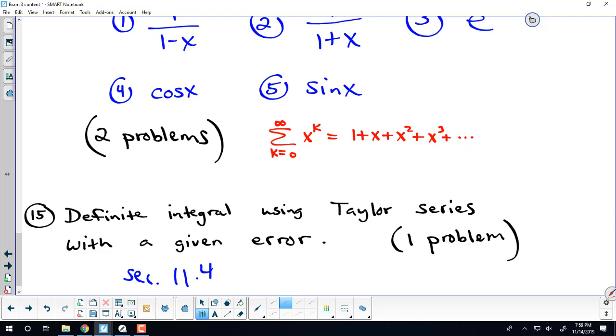Or if you're not going to remember that, if you can write out the polynomial by finding the derivatives and evaluating, you should be able to write out the closed form or the sigma notation of that particular series.